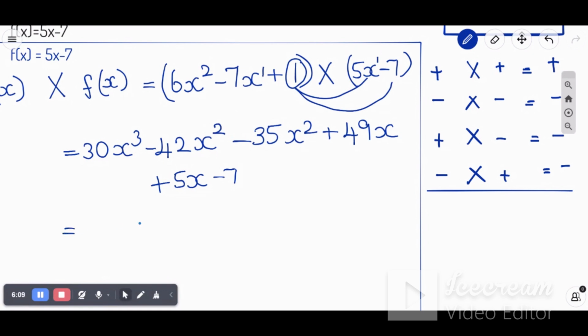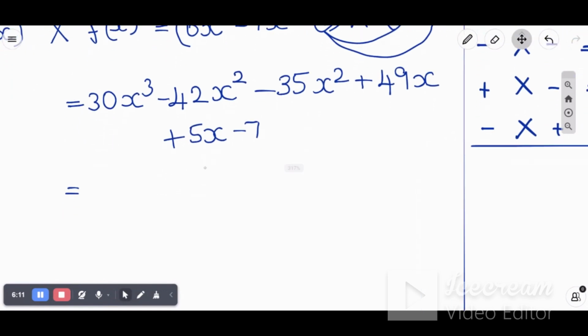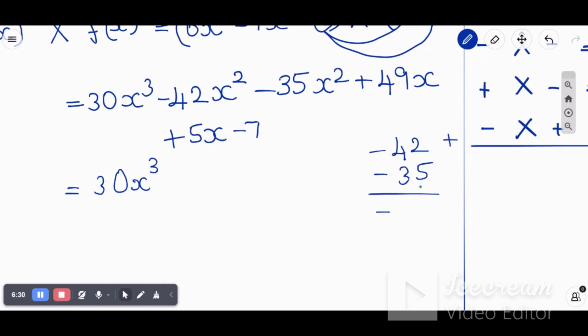So now let us start writing our answer. So that will be, you have to write 30x cube. So that is your first step. And you have got minus and minus here. See, minus 42 and a minus 35. So what does minus minus mean? Both are same, so the answer will be a minus. Add these two. So that will be 5 plus 2 is 7 and 4 plus 3 is 7.